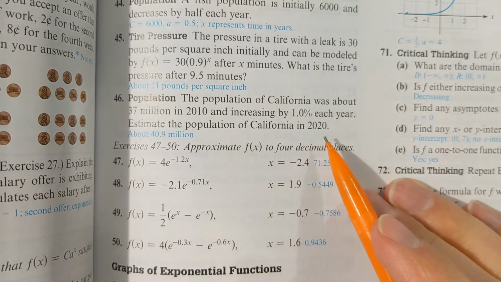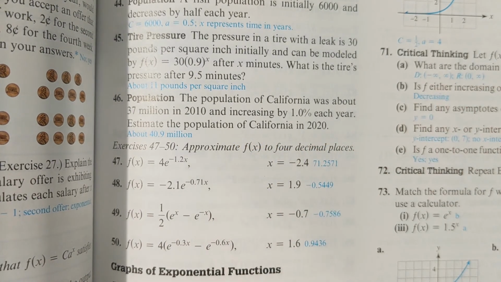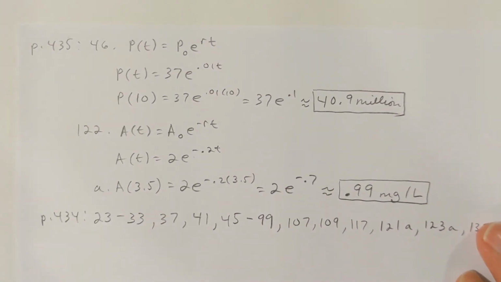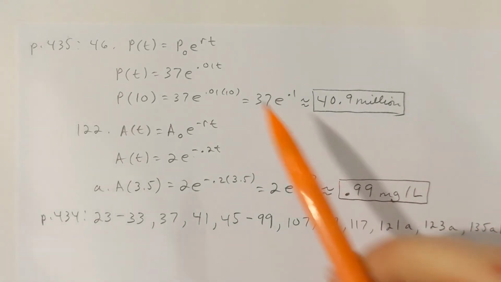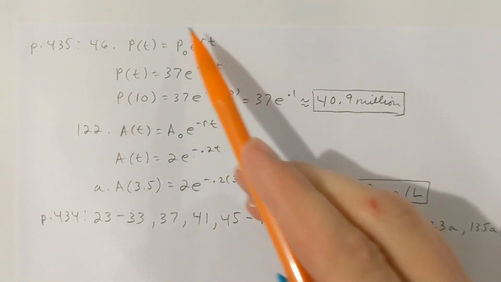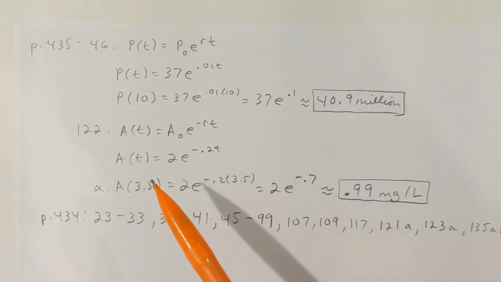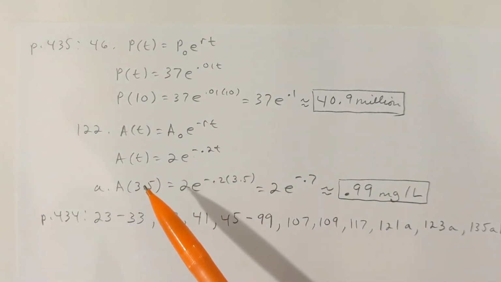Estimate the population of California in the year 2020. Okay, now the population of this state is continuously growing. So it makes sense to be using a formula that resembles the PERT equation, since it's a continuous thing.